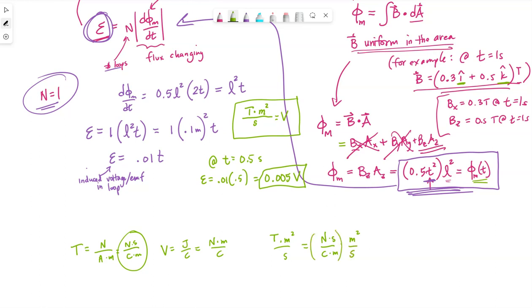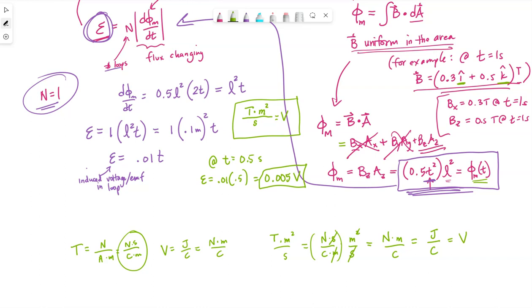So all I did was plug in T right here. This meter cancels with one of those. This second cancels with that second. So I have a Newton times a meter over a coulomb, which is a joule per coulomb, which is a volt.